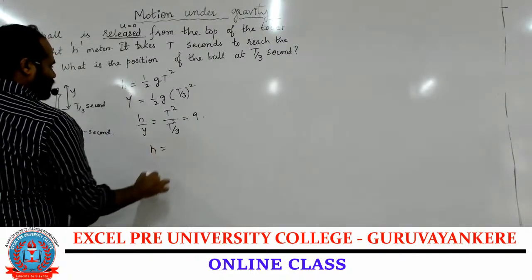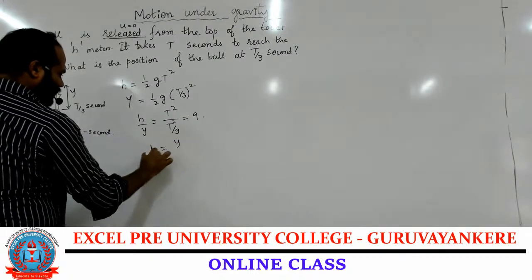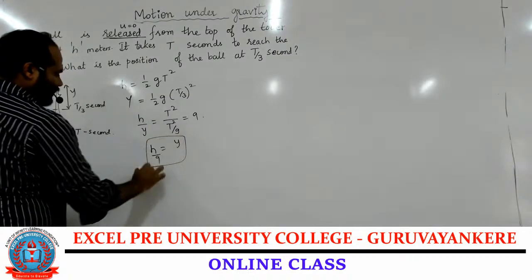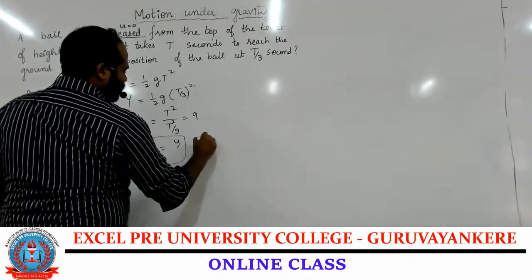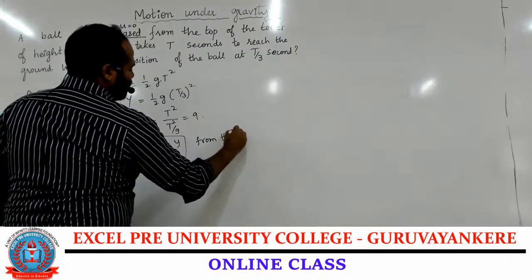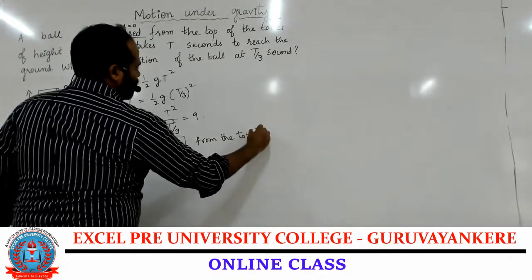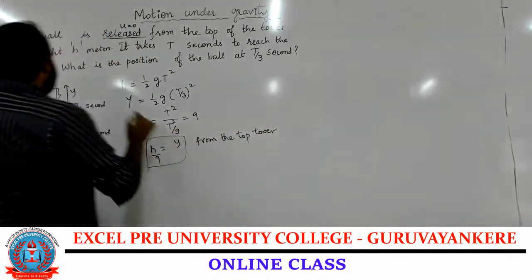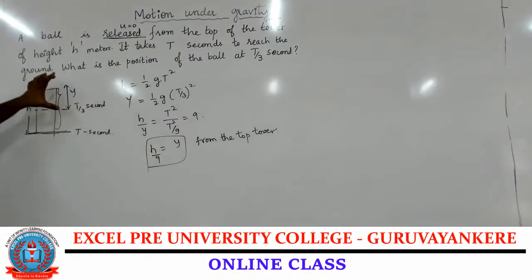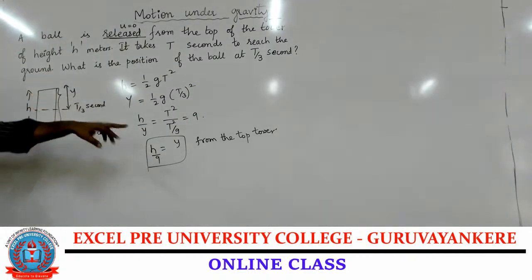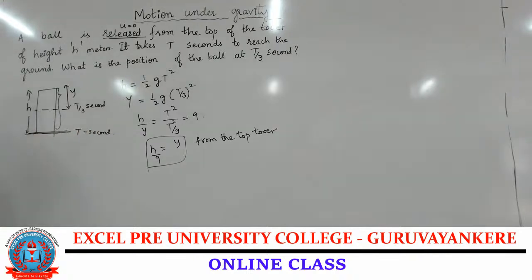So y is equal to h by 9. So h by 9 meters from the top of the tower. From the top of the tower, displacement of the ball after t by 3 seconds is h by 9 meters.